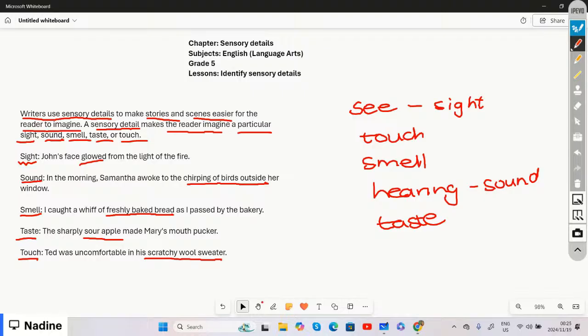So he wasn't just uncomfortable in his sweater, but here they're specifically putting emphasis on the scratchy woolly sweater. Now you must know he had on this woolly sweater and he was constantly scratching. He was probably moving his body all the time to avoid the itch, because it was uncomfortable against his skin.